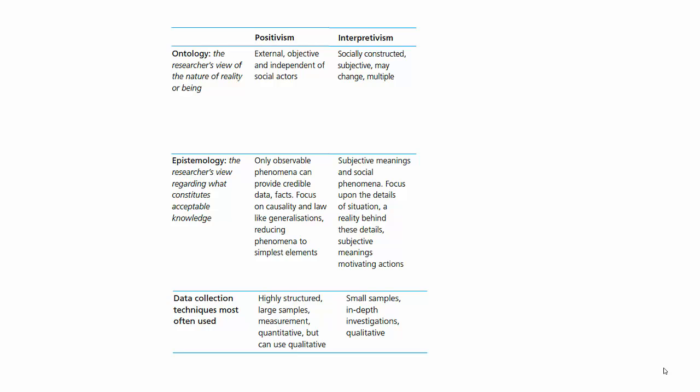Whereas interpretivists tend to use small samples, in-depth investigations, and generally tend to employ qualitative data. And where they may come across quantitative data, they tend to interpret that data in a qualitative way.